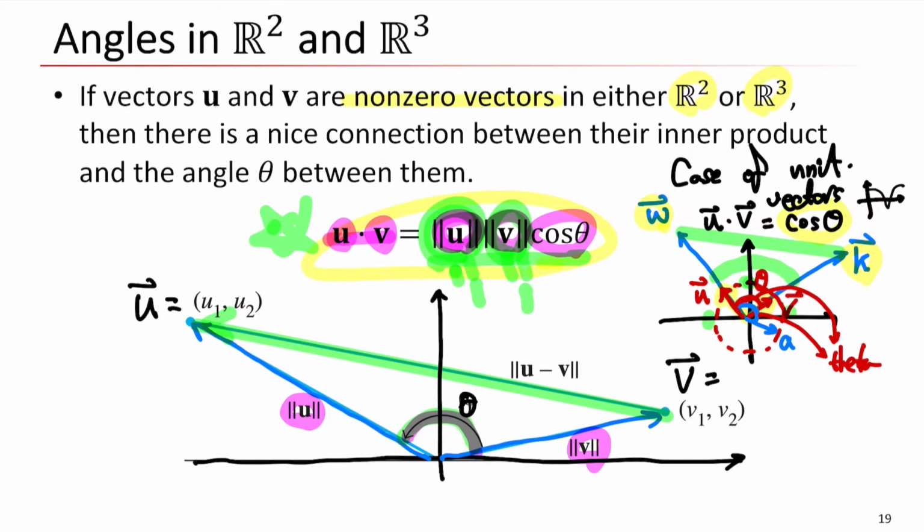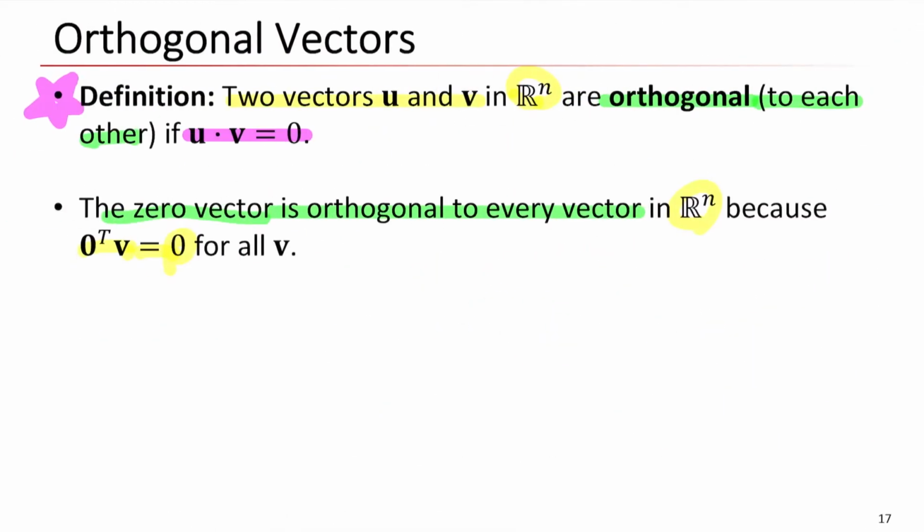So if we go back to the orthogonal definition, the inner product of u and v is equal to the length of u times the length of v with cosine theta, right? So 0 means theta is what? 90 degrees, right?